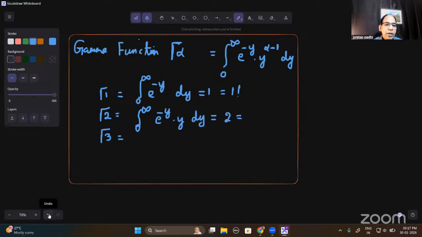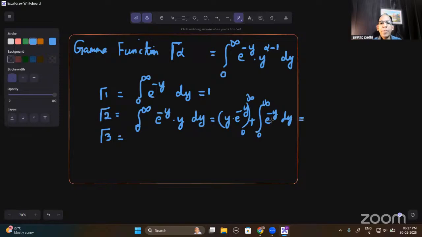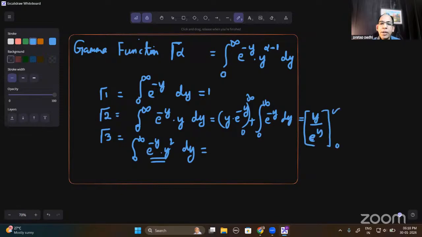Integrating by parts, the integration of the second term, again e to the power minus y dy, will be plus the integral from 0 to infinity. If you do that, 1 divided by e to the power y at infinity will not contribute. You will get 1 here. But if you write the integral from 0 to infinity of e to the power minus y, y squared dy, you have to integrate it mathematically by parts, but this will be y divided by e to the power y from 0 to infinity, and this will be e to the power minus y.